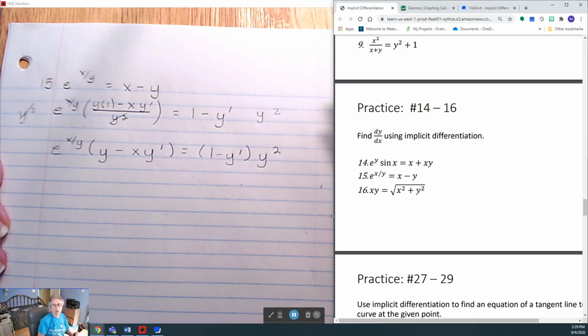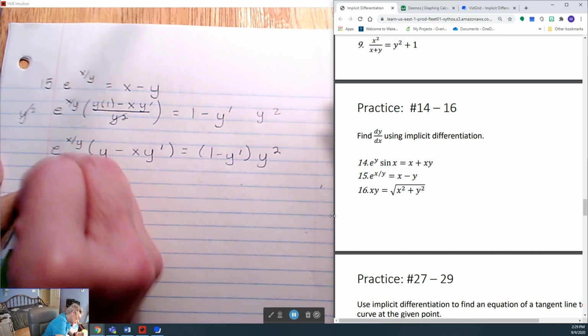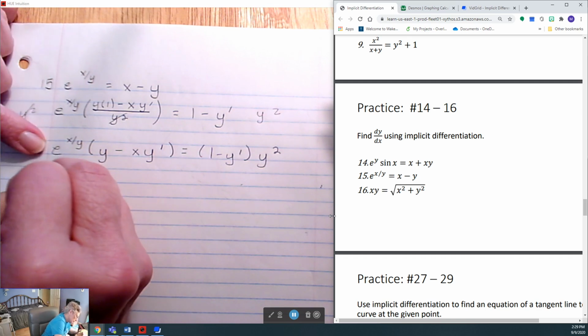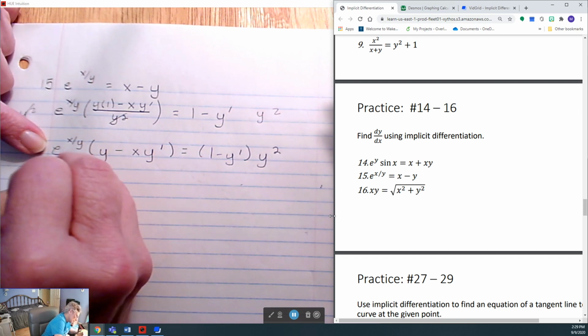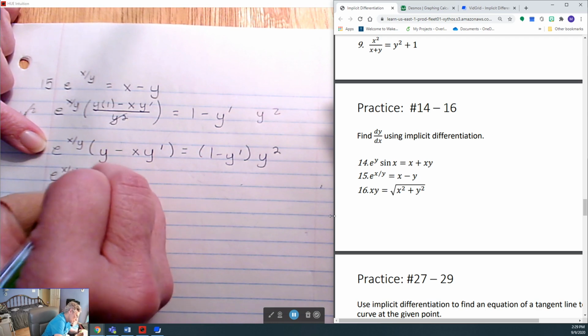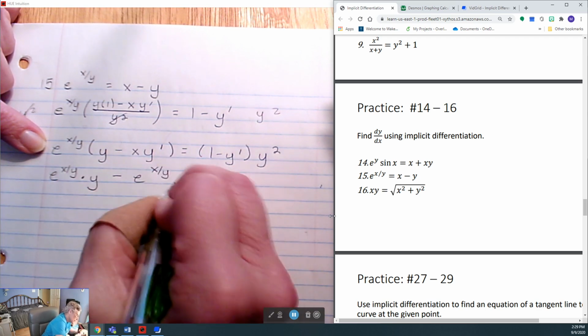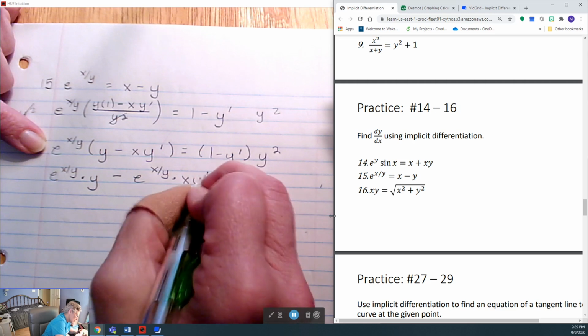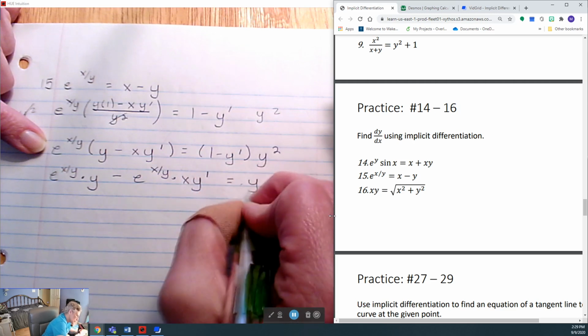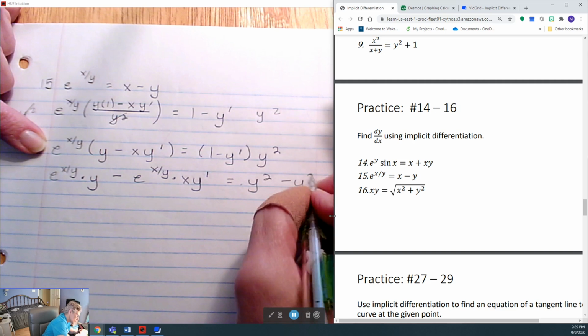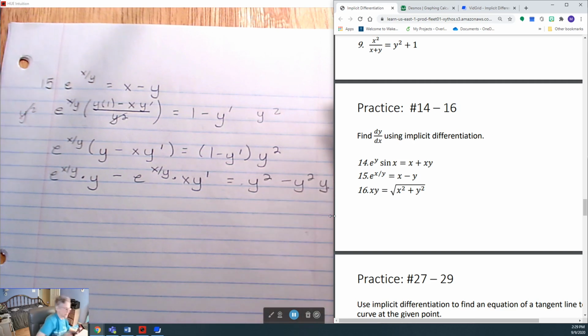Now I'm going to do some distributing. I have e to the x over y times y minus e to the x over y times xy primed equals y squared minus y squared y primed.